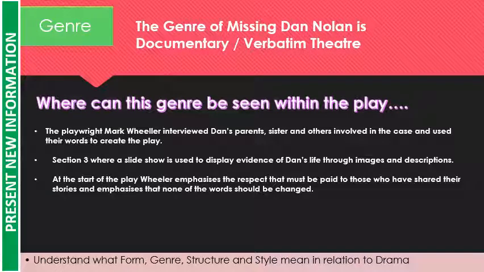He's using actual images and actual descriptions within the play. Again, at the start of the play, Wheeler emphasises that respect must be paid to those who have shared their stories and that none of the words should be changed, showing that verbatim style there as well.